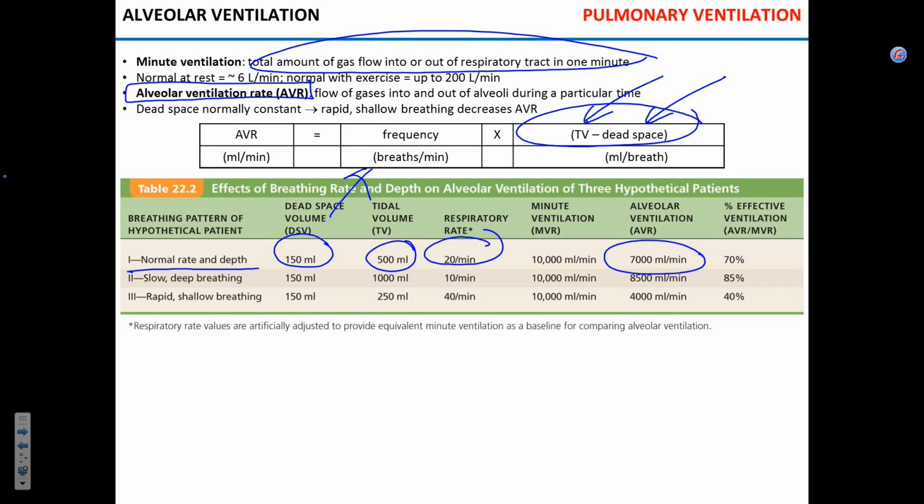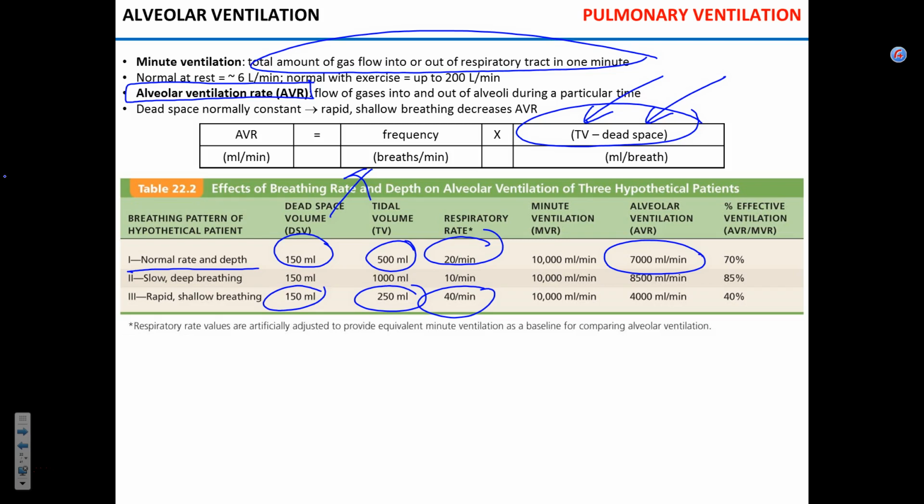Now let's see what happens when you start to breathe very rapidly, but your breathing is pretty shallow. So tidal volume becomes 250. Dead space doesn't change. And the respiratory rate increases 2 times compared to normal, from 20 to 40.